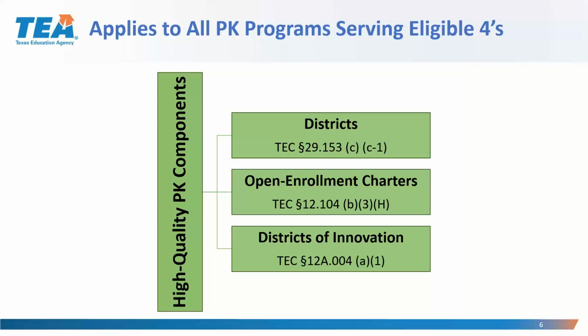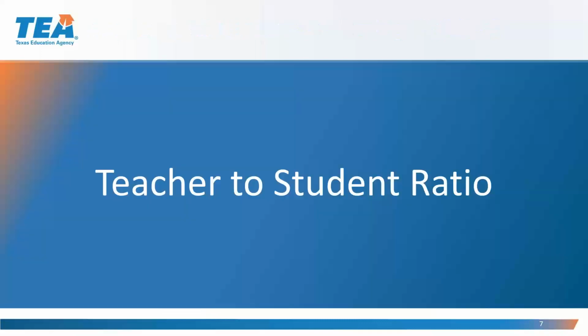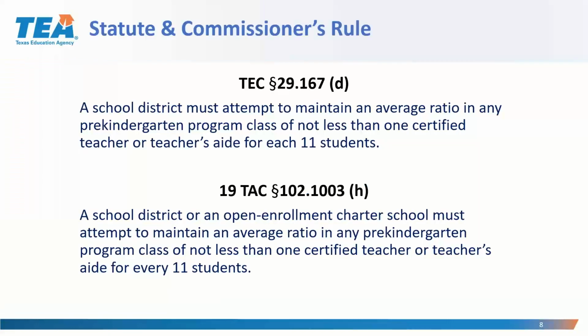And I've given you some references in statute to back up that assertion. So here we go. What are the high quality requirements that focus on teacher-to-student ratio within a pre-kindergarten classroom?